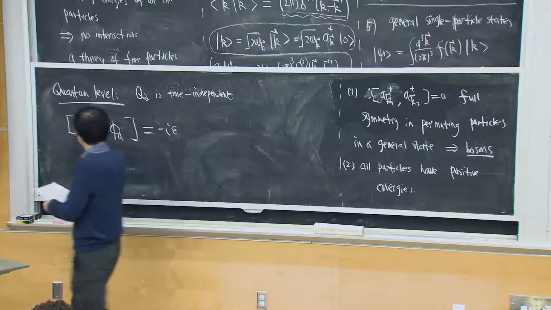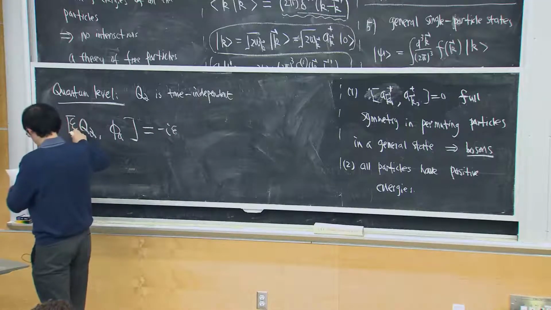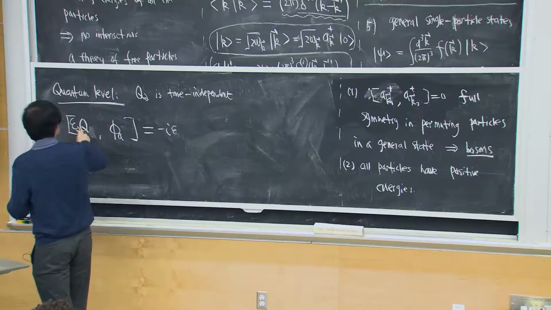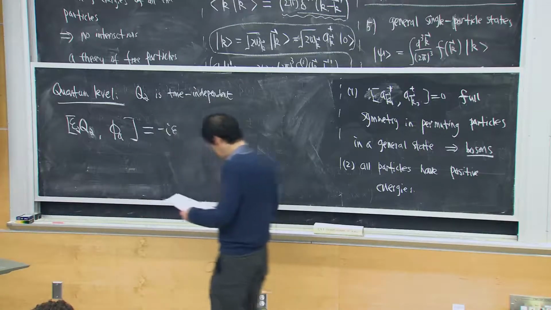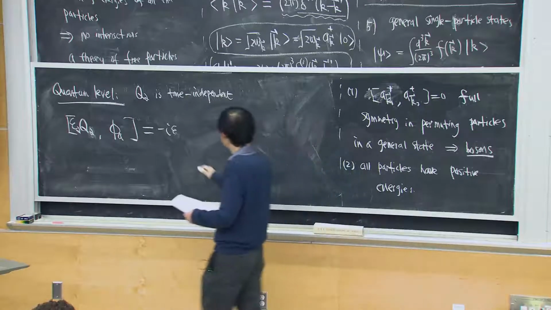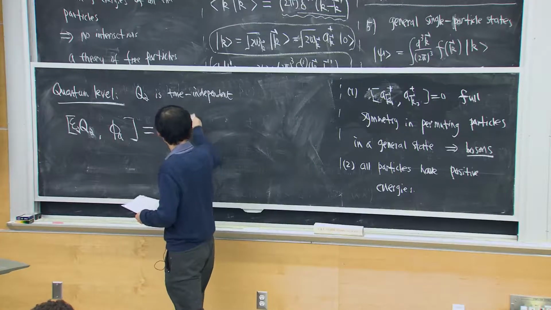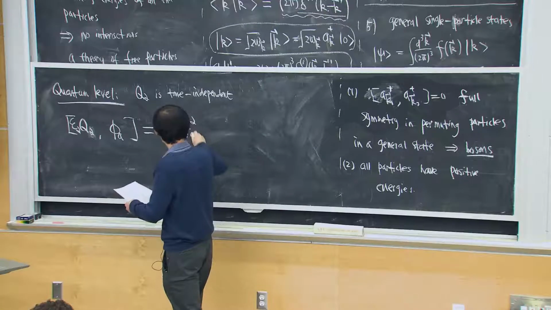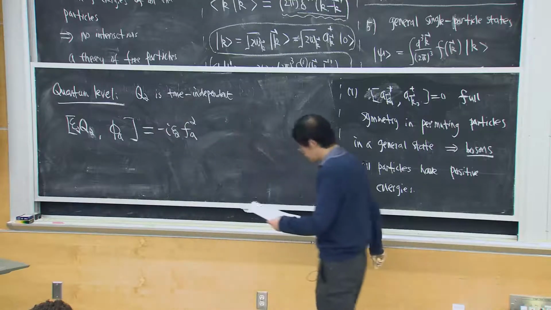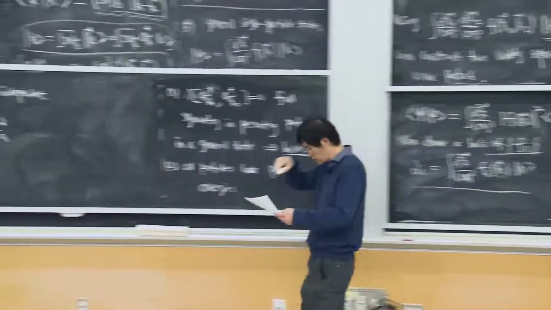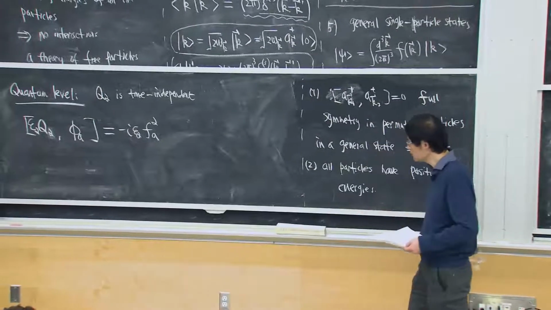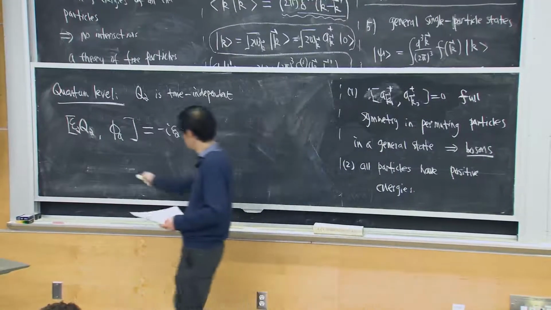So if I put a parameter here, epsilon^alpha, it doesn't matter for Q whether it's upstairs or downstairs, and you just generate that transformation for phi. So you can show this explicitly.